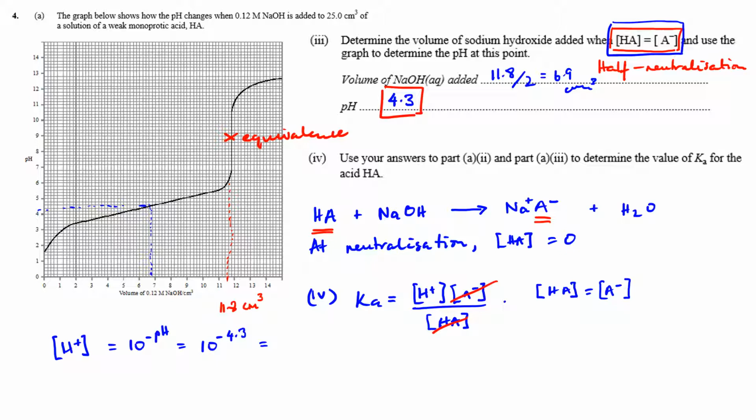And if that's what it is, then that is what Ka is. I think that comes out at 5 times 10 to the minus 5, which is the answer to part 4, which you get 4 marks for.